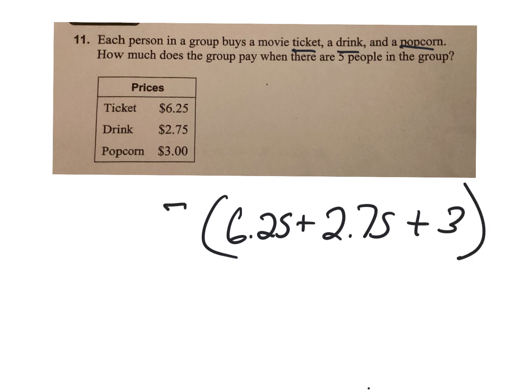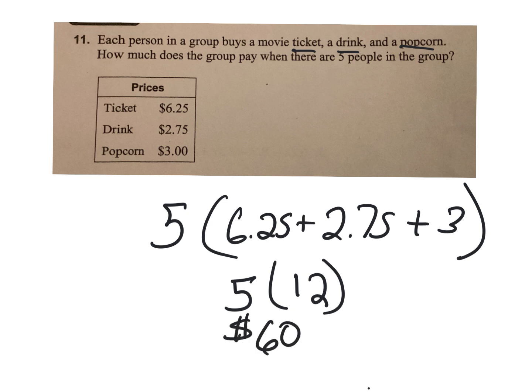And because there's 5 people getting them, we're going to do that. So let's do the parentheses first, and we'll put 6.25 plus 2.75 plus 3 equals $12 for each person. Now, 5 times 12 is 60. So for one person, it's going to cost $12 to go to the movie, but because we have 5, it's going to be $60.